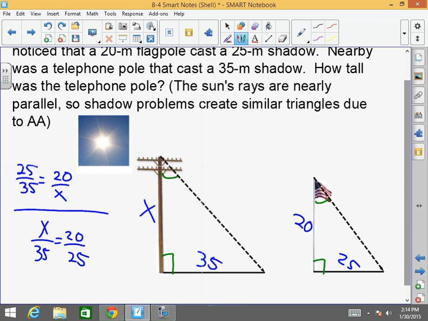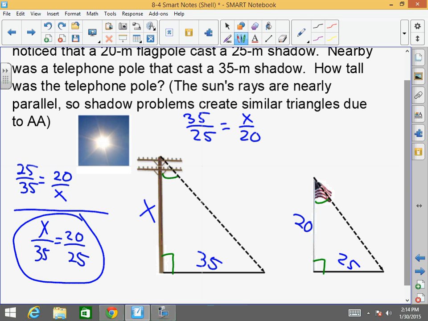You could have also done 35 to 25, corresponding shadow to corresponding shadow, equals X to 20. Just remember, when you go from large to small on one side, you got to go large to small on the other. If you go small to large on one side, you got to go small to large on the other. That's why I like to just go height to shadow, height to shadow.